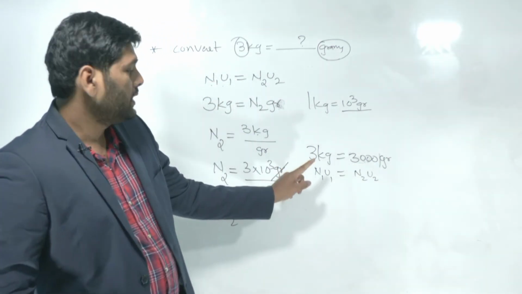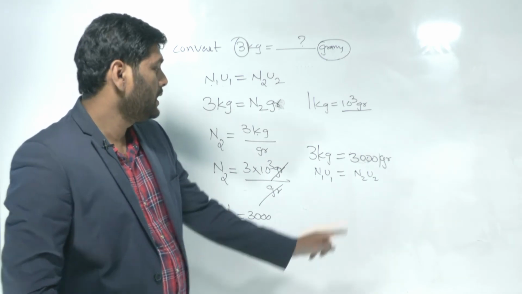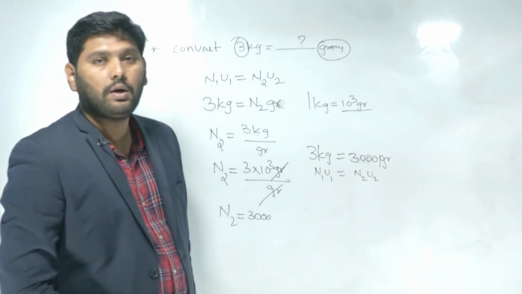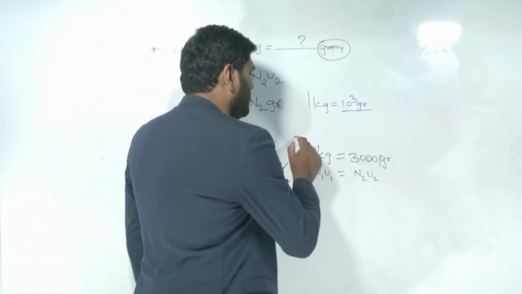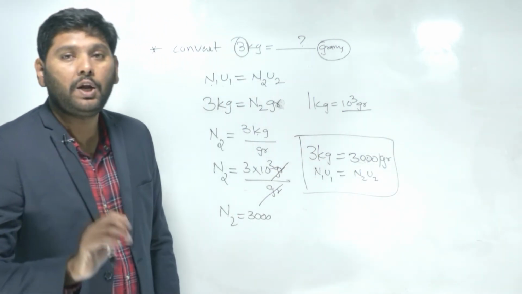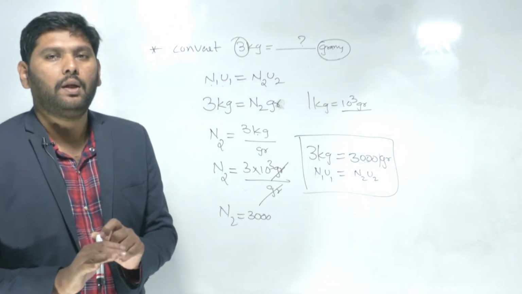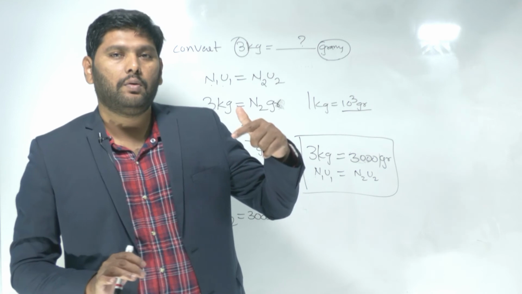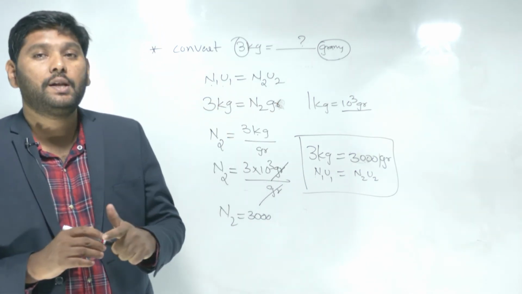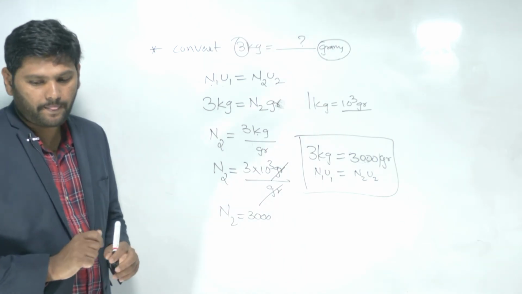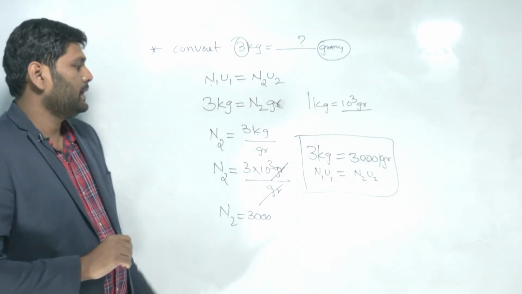N1 is 3, U1 is kg, N2 is 3000, U2 is gram. So this is the way we can use this formula to convert one system of unit to another system of unit. And which thing you consider as a unit, I also explained. So I hope it is clear.